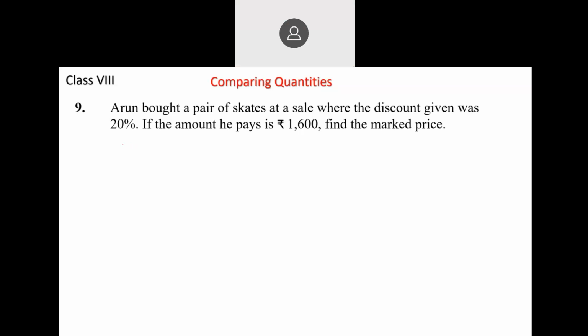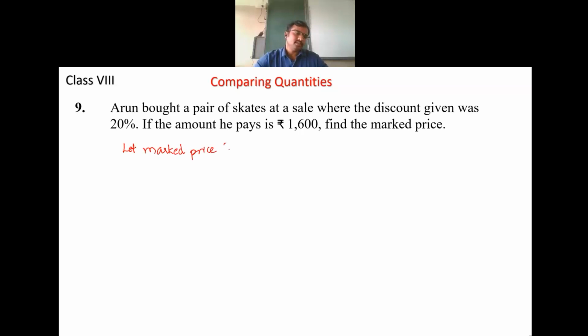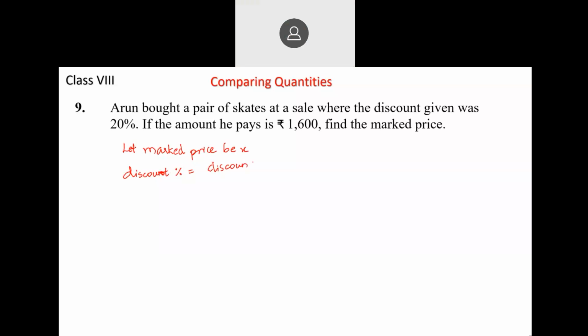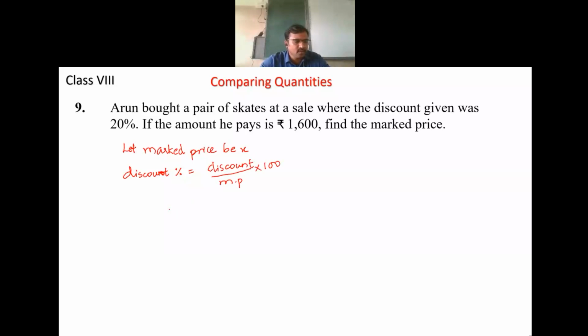So let me call the market price X. So discount percent will be equal to discount divided by market price into 100. Here discount percent is given as 20%.